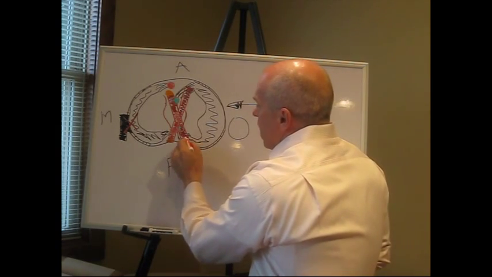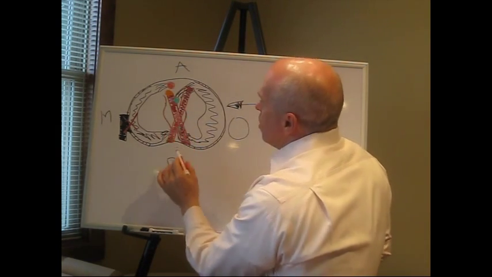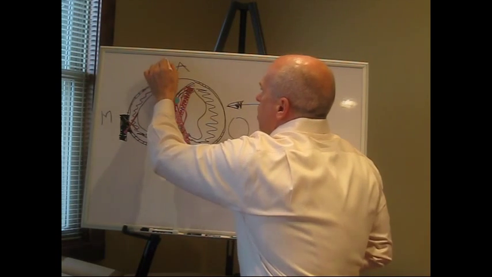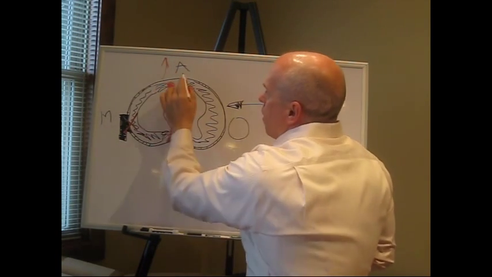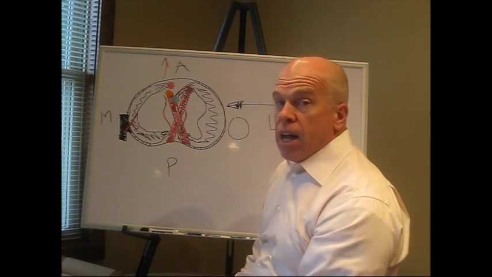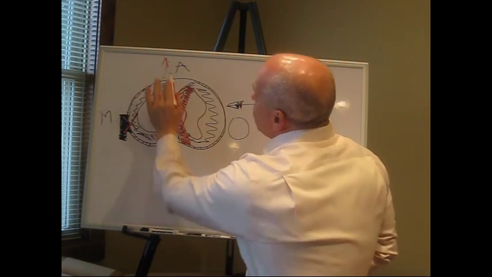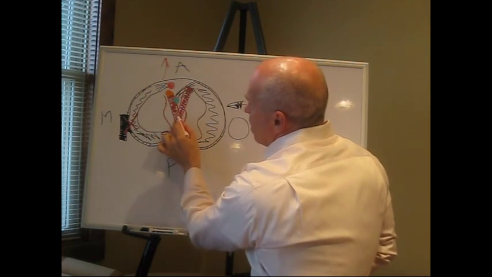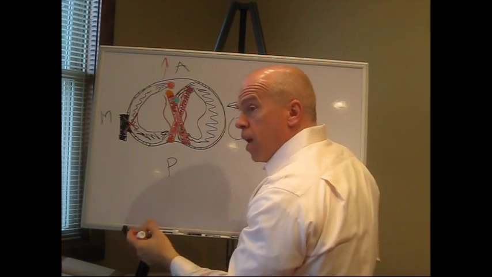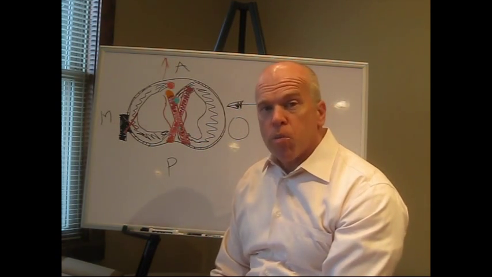The function of the anterior cruciate ligament is to prevent forward translation of the tibia on the femur. As the tibia moves forward, this band becomes taut and resists forward motion.